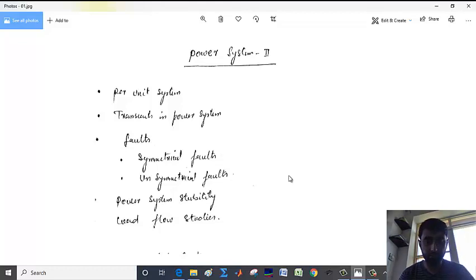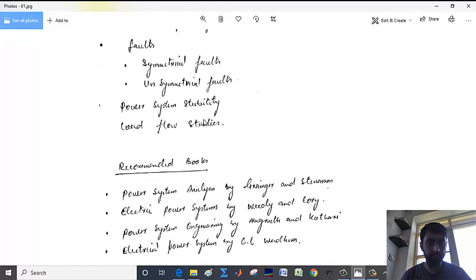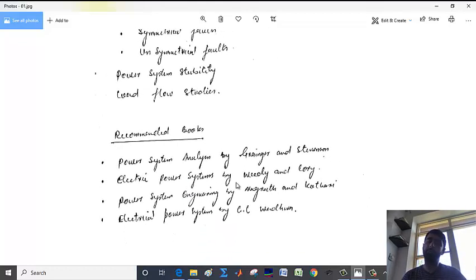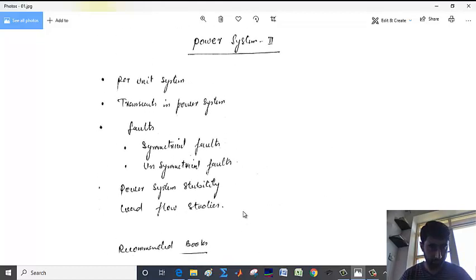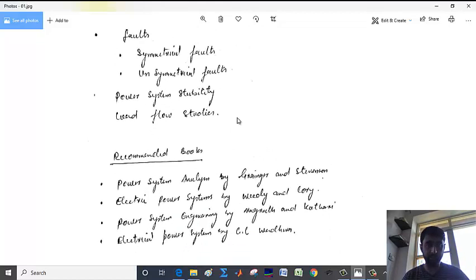Now, in this course, we'll be discussing transients in the power system and faults, and in the faults we might have symmetrical faults, unsymmetrical faults, power system stability, and load flow studies. So these are the different contents that we are going to cover in Power System 2.